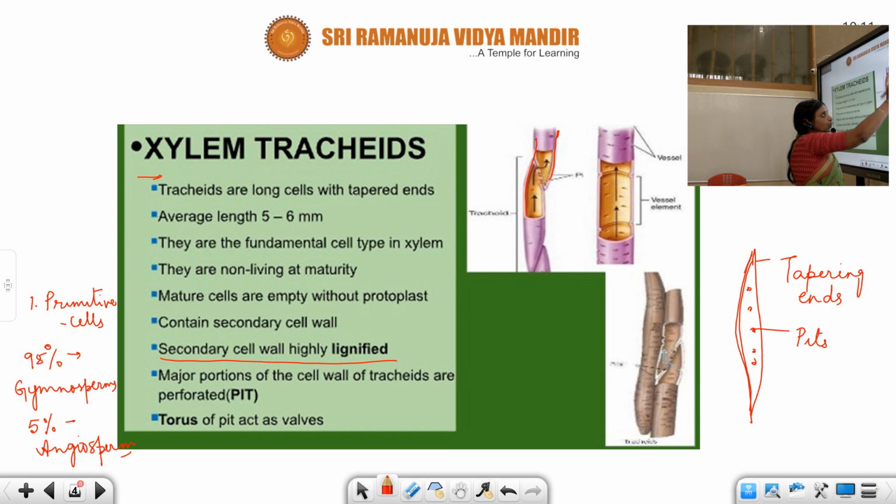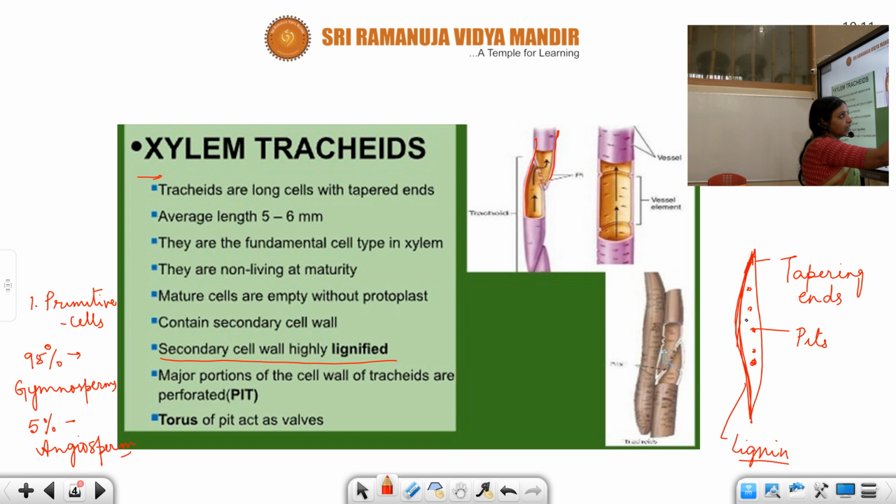Highly lignified means it is made up of lignin, and lignin, as you know, is impervious to water and other substances. So how does the flow of water occur? Because the inner wall layer has thickenings, and these thickenings are of different types, we will see. And pit-like structures are present.